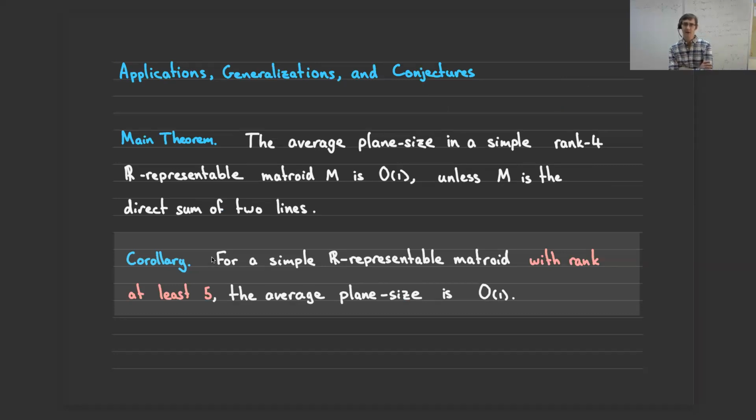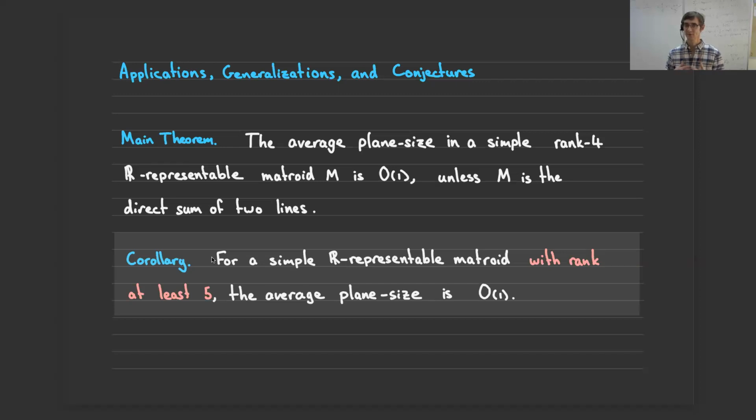So first of all, I mentioned earlier that although our results are stated for rank 4 matroids, it applies to matroids of rank at least 4. But this exceptional case, being the direct sum of two lines, is no longer important in higher rank, because in rank 5, you can't be the direct sum of two lines. If I take the direct sum of two lines, I get a rank 4 matroid.